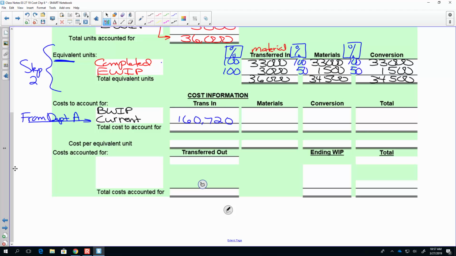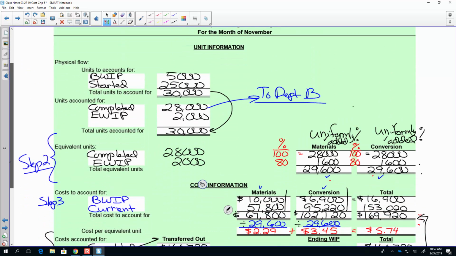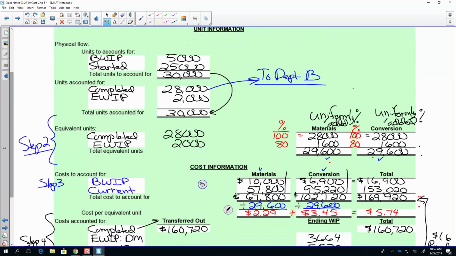All right, now going back to our cost, step 3. Remember, we brought in this cost from the prior department. They're blue numbers, right? So if I go back to my first worksheet, here are my blue numbers, 28 and 60, way on the bottom here.